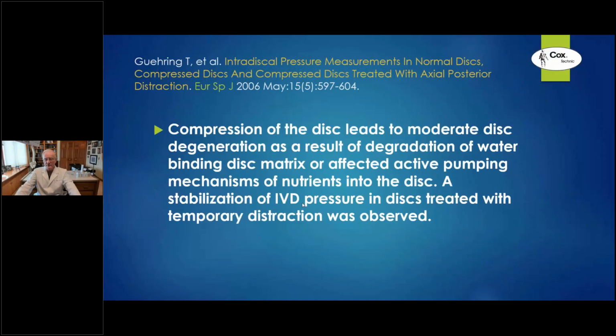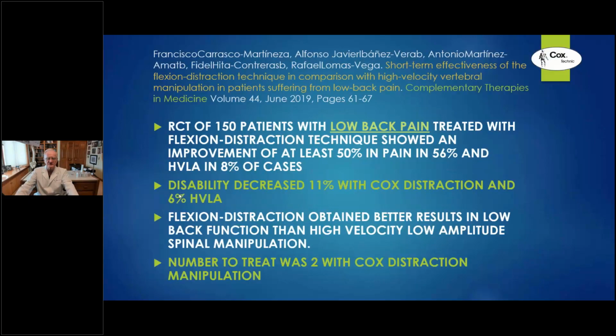Geyring wrote, in a famous paper from 2006 in European Spine Journal, that if you compress and degenerate a disc and distract it, there's an active pumping of nutrients into the disc, and this distraction would reverse discal degeneration.